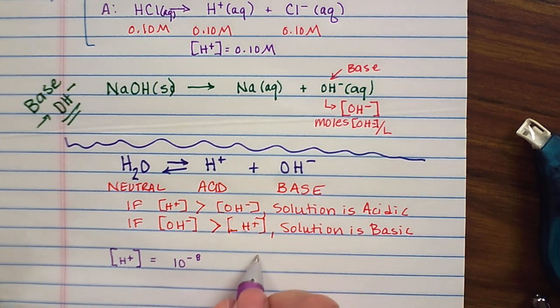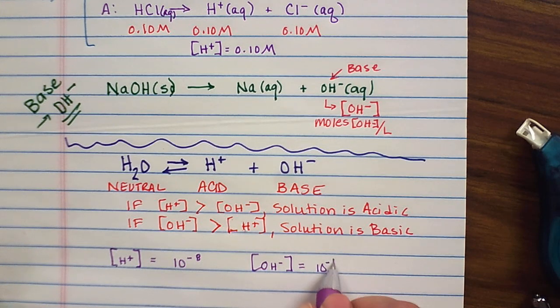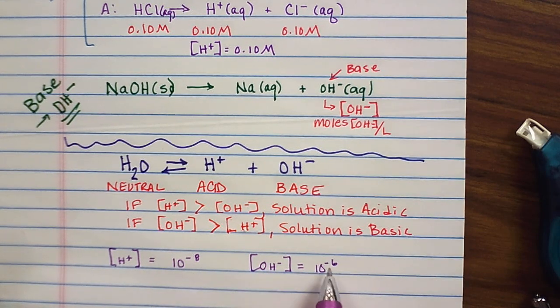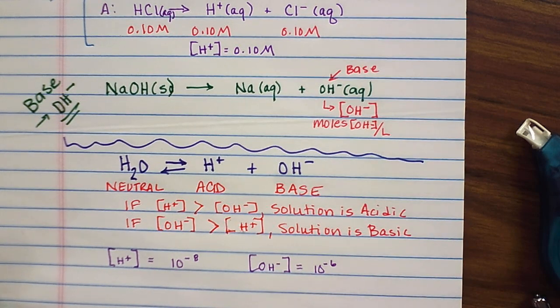And the concentration of the OH minus in that case would be equal to 10 to the minus sixth. And in this case, which one is larger? Well, you can see the concentration of OH minus is larger, so this solution is basic. Okay? So that's the way this goes.